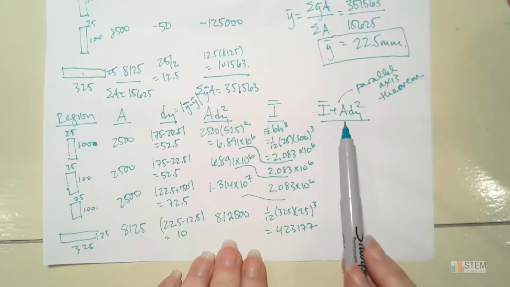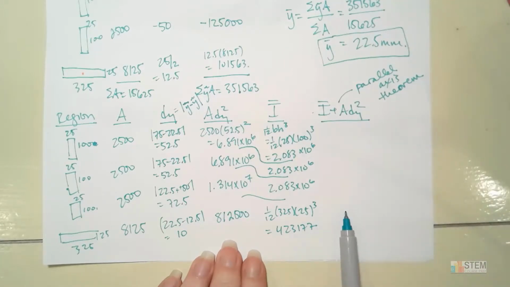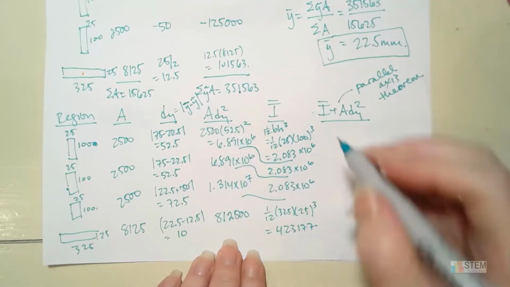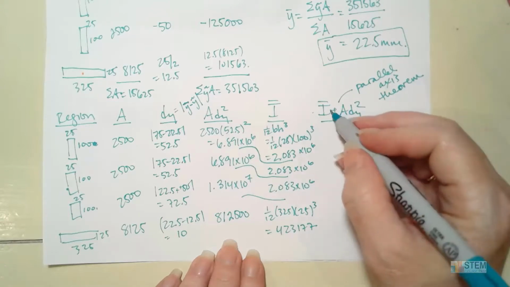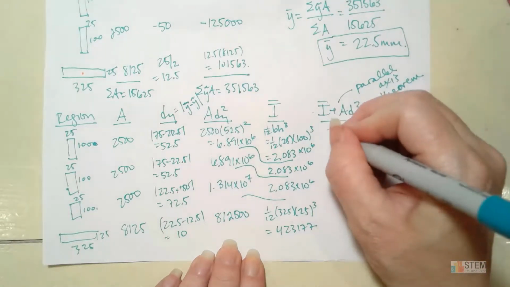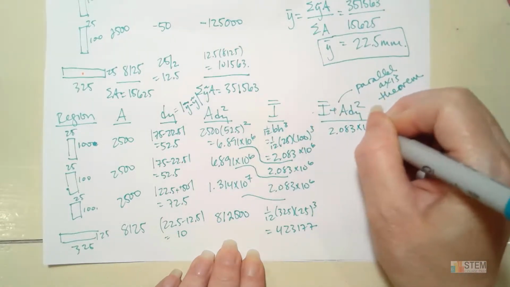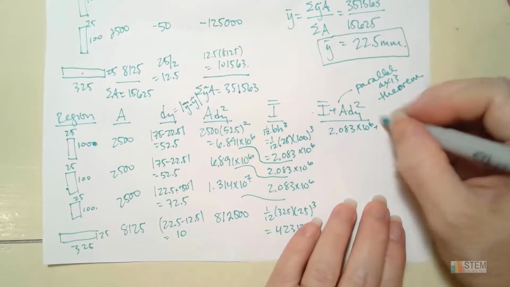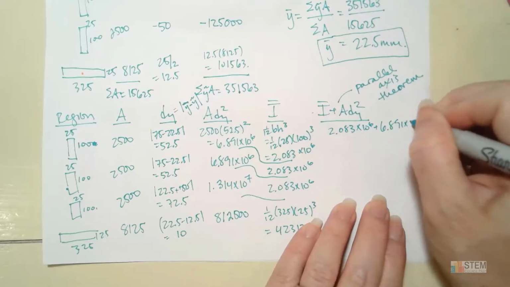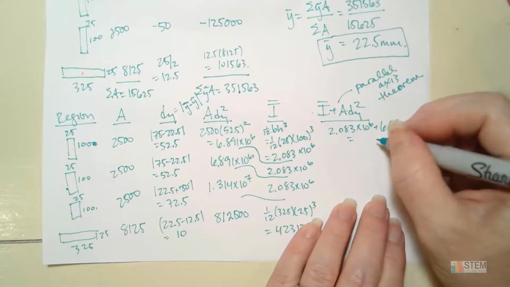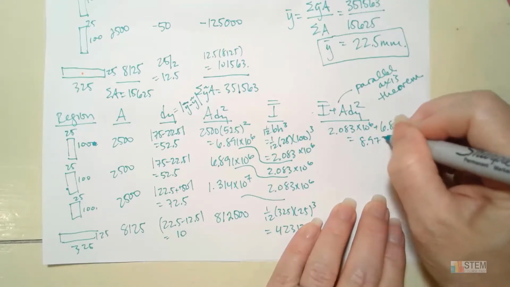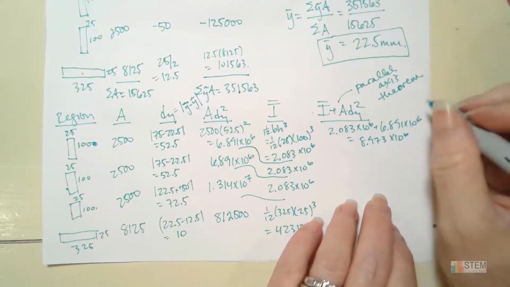Okay, so now we're left with this last column. So this is the easy part. All we're going to do is add these two numbers up from the previous columns. Okay, so for this one, we're going to have 2.083 times 10 to the 6th plus the 6.891 times 10 to the 6th. And that's going to give us 8.973 times 10 to the 6th.